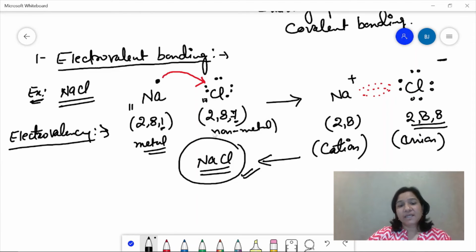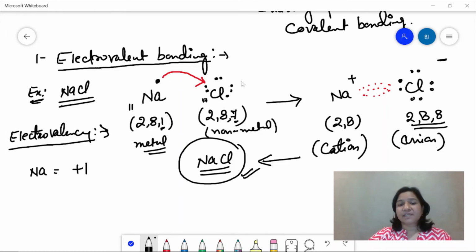During the formation of an electrovalent compound, the number of electrons which are donated by one atom, that is called its electrovalency, or the number of electrons gained by an atom, that is also called its electrovalency. Sodium is a metal and chlorine is a non-metal. If you see this particular example, in NaCl, Na is losing one electron, so its electrovalency is +1, and for cations you will say +1 electrovalency.